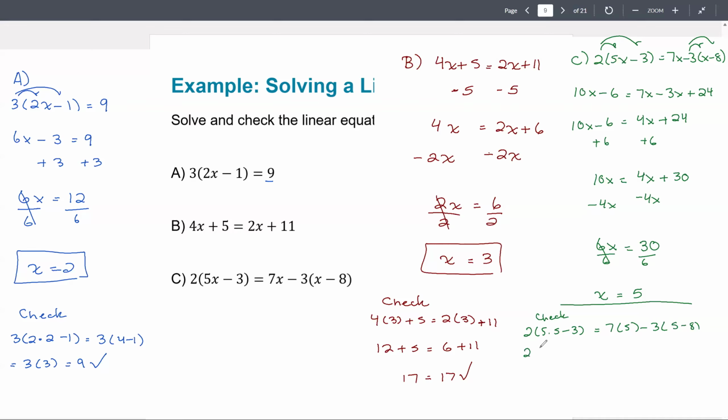So this is going to be 2 times 5 minus 3, so 7, sorry. This is going to be 35 minus 3 times -3. So this will be 35 plus 9, which will be 44 equals 44. So that one checks out.